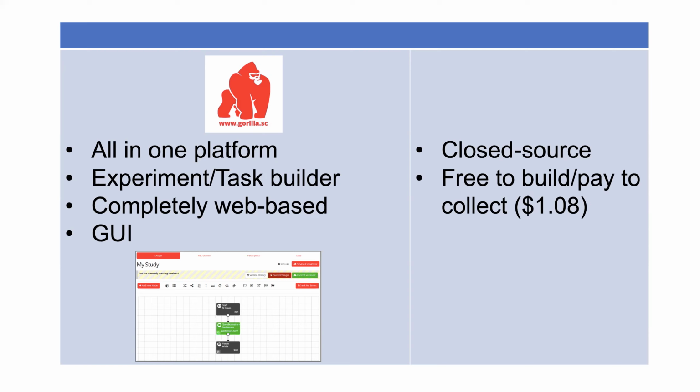Gorilla is completely web-based, so you don't need to download any type of software onto your computer. Everything you can do from the web, so you can collaborate with folks, and it uses version control. So Inyong can go onto my experiment and make a change to anything. He can commit that change and say that, oh, I changed X, Y, and Z. And then I'm like, okay, and then I can change something and I can commit that.